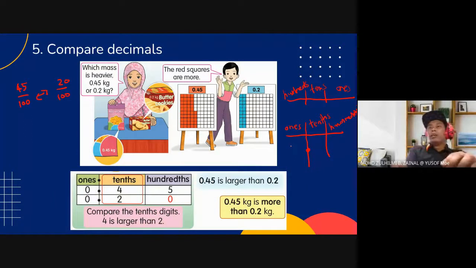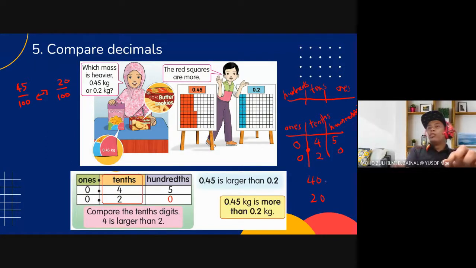Jangan salah pula. Actually tak ada masalah pun benda ni. You just put the number. Kalau kamu tak faham, kamu just put numbers je. Tak payah ingat pun ones, tens, hundreds ni, tak perlu pun. You just put the numbers. For example 0.045, 0.20. So yang mana? Sini 4. You know this tens, maksudnya tens ni 4, 40. And this is 2, maksudnya 20.